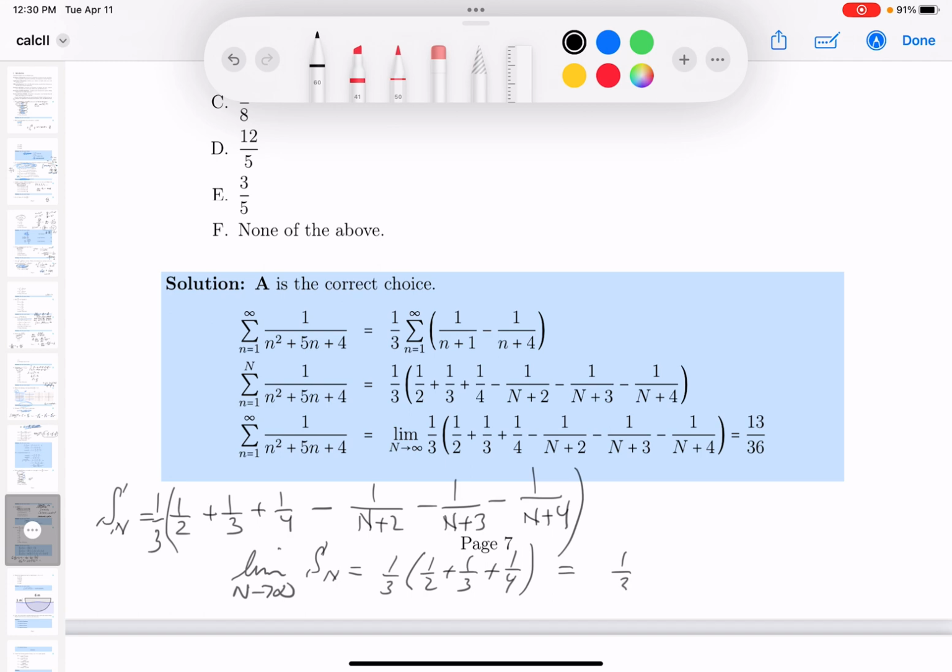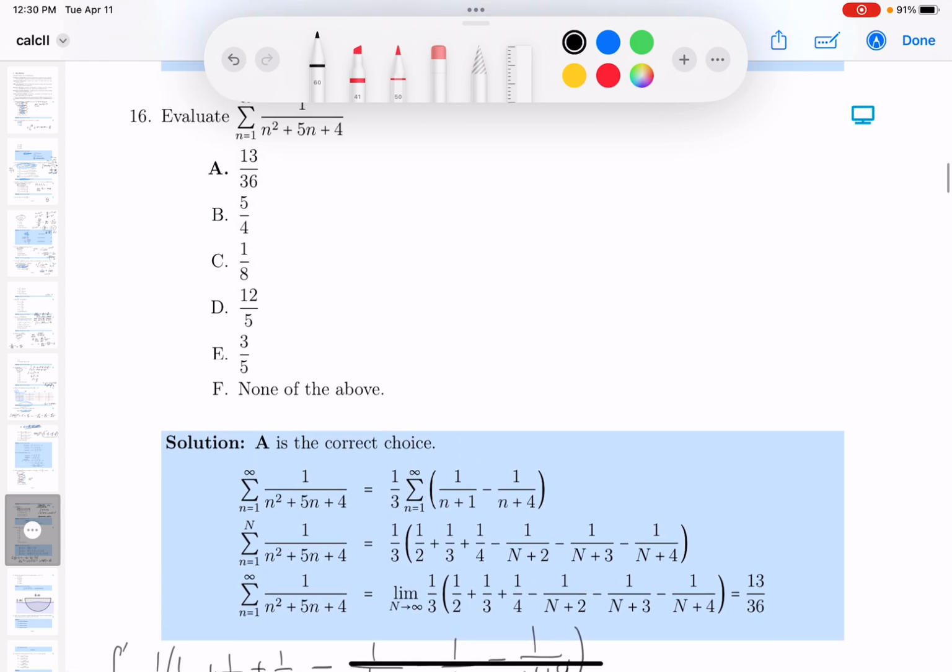I see 1/3. I'll get a common denominator, that's going to be 12. And then what do you get? 6 plus 4 plus 3. 6 and 4 is 10, 13. And 3 times 12 is 36. I'm hoping to see 13 over 36, and I see it right over here.